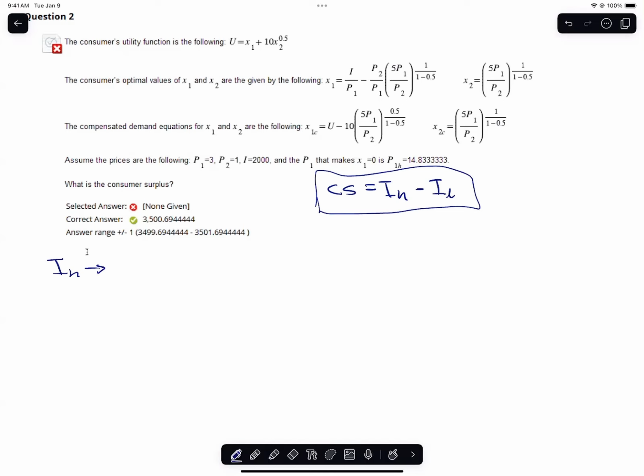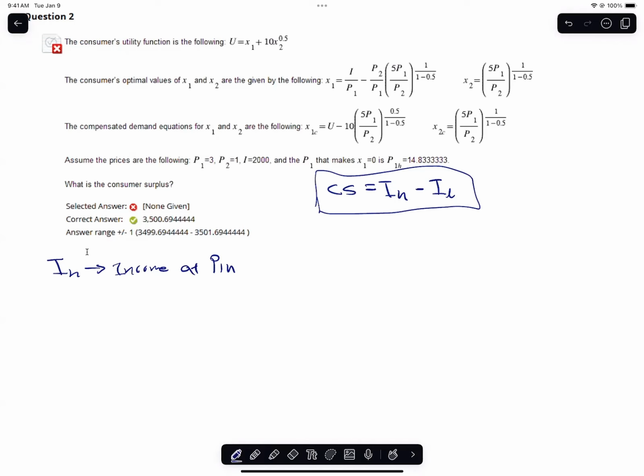Remember, this is going to be the income that allows the consumer, the one that we just did earlier, at the new prices. So IH is the income at P1H, okay? When you have the new prices.